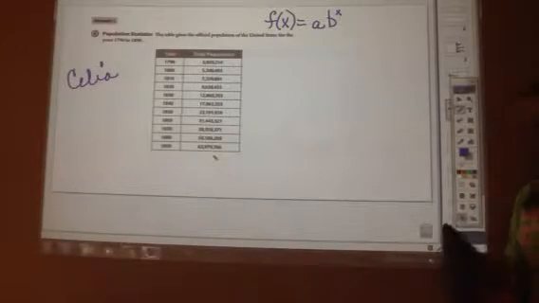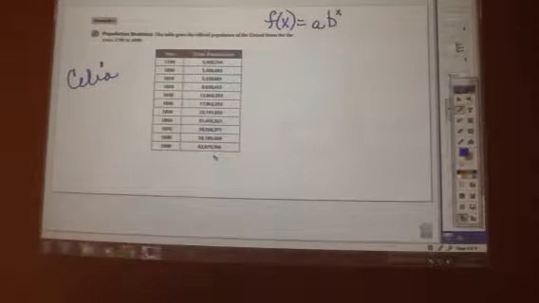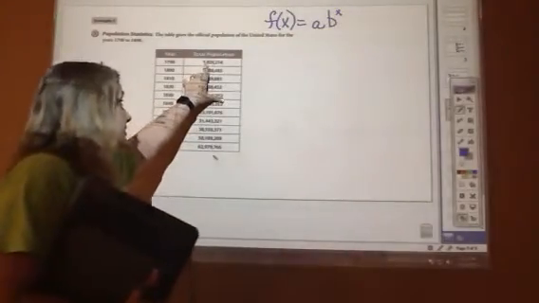We are shooting for f of x equals a b to the x power. Now remember, on the last module, the a was the first number. So our a is going to be this number right here.